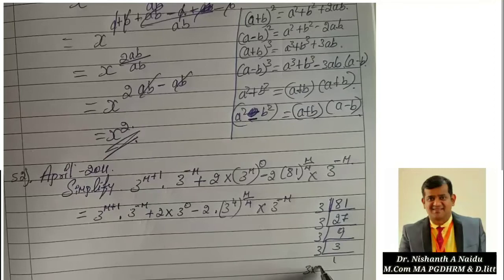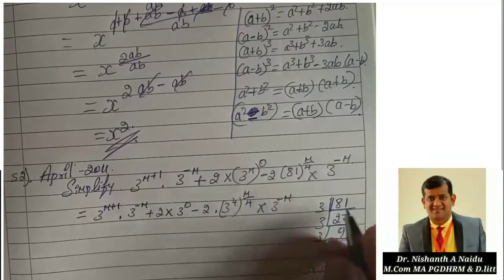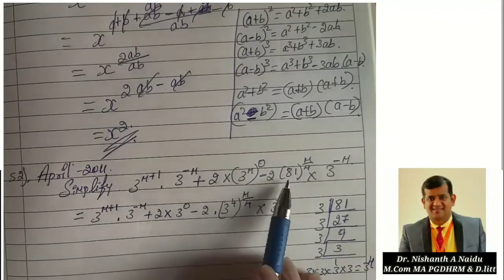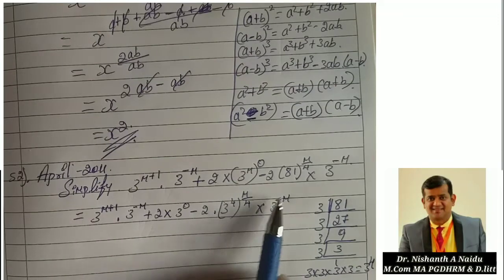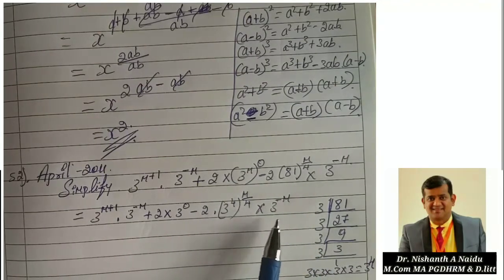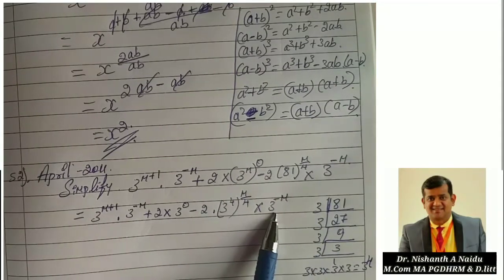So that is 3 into 3 into 3 into 3, equals 3 to the power of 4, which is 81. So that is the 81 here, 3 to the power of 4, whole power m divided by 4, into 3 to the power of minus m.